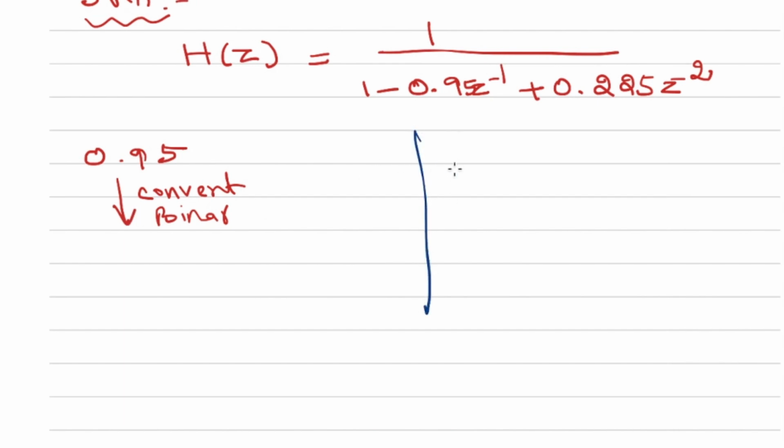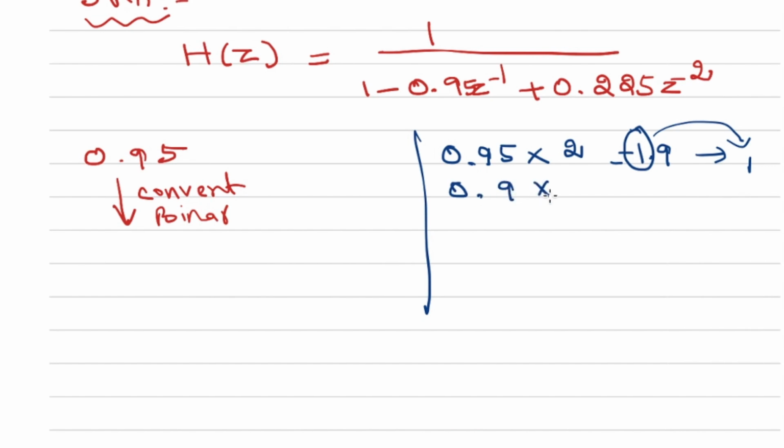To convert to binary, we multiply 0.95 with 2. The answer is 1.9, so this 1 comes here. Again this 0.9 we take, multiplied by 2, the answer is 1.8. So again 1 comes here, and this 0.8 into 2, the answer is 1.6.